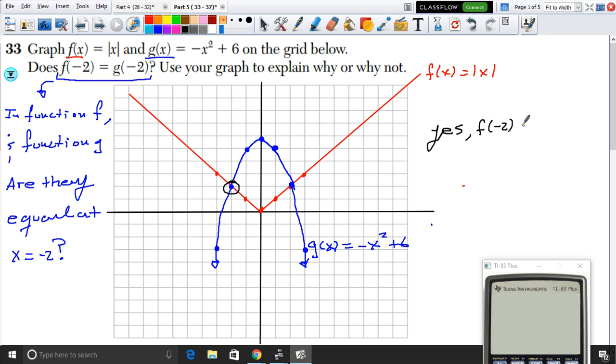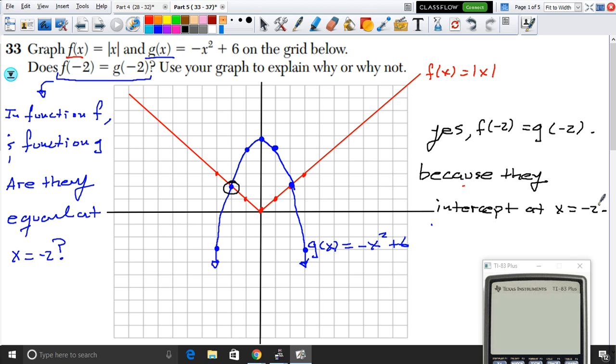F of negative 2 equals g of negative 2 because they intersect at x equals negative 2.